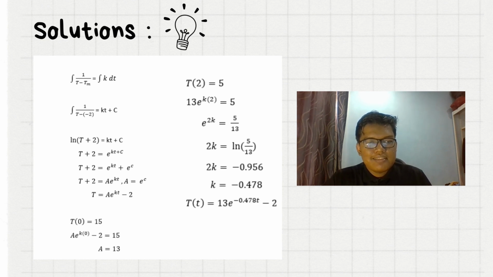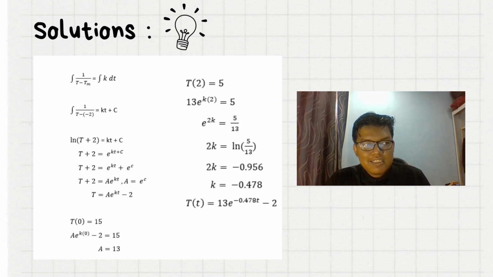We have Tm equals -2, so we put the Tm into the formula. We integrate 1 over (T minus Tm) equals the integral of k dt, and then integrate 1 over (T minus -2) equals kt plus c. Then we have ln(T plus 2) equals kt plus c, and then we move the ln to the right side. It becomes T plus 2 equals e to the power of kt plus c.